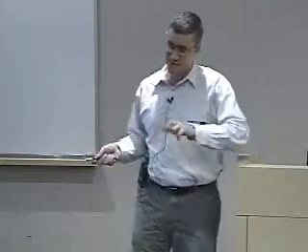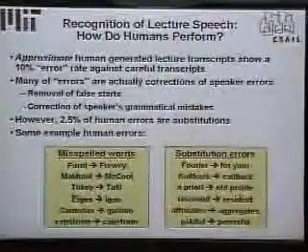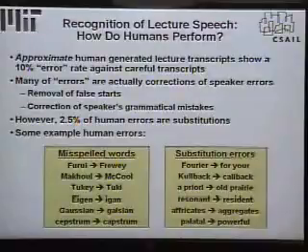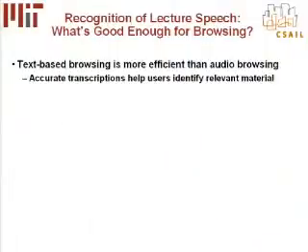But we have another technique, which I'll tell you a little about later, which is looking at consistency across the entire lecture. Like I said, Fourier was spoken 18 times. So if you have this thing spoken 18 times by the same speaker in the same lecture under the same acoustic conditions, you ought to have 18 examples of something that looks very similar. And I'll talk a little bit about how we might be able to use that later.